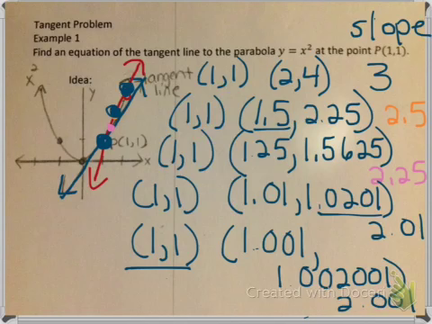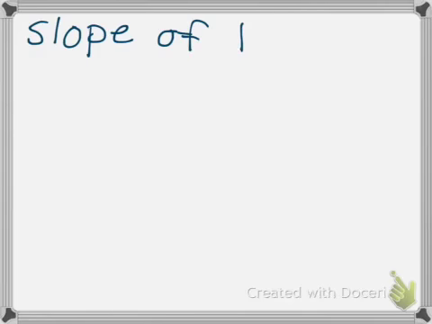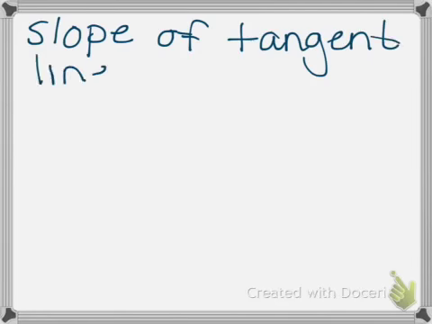As I do that, you can see that the slopes started at 3, then I got 2.5, 2.25, 2.01, and 2.001. So you could guess what the slope of the actual tangent line is: 2. Hopefully you guessed right. I could keep doing this, say 1.0001, and it's getting closer and closer to 2.